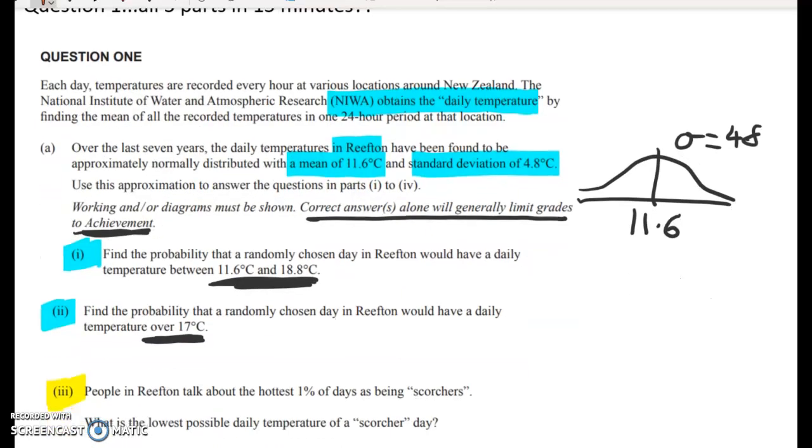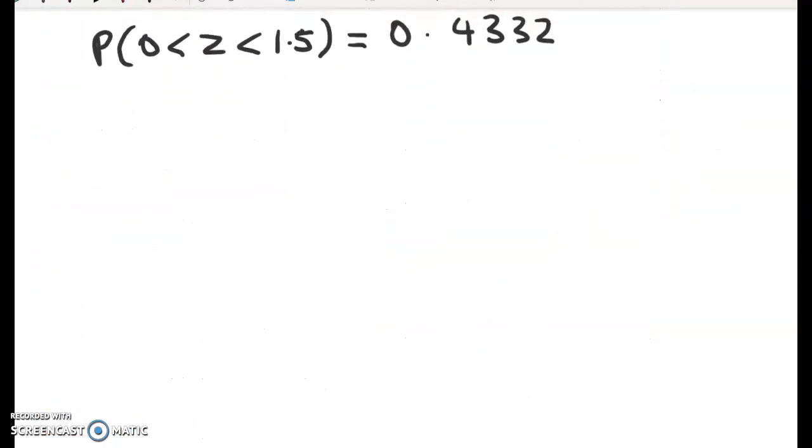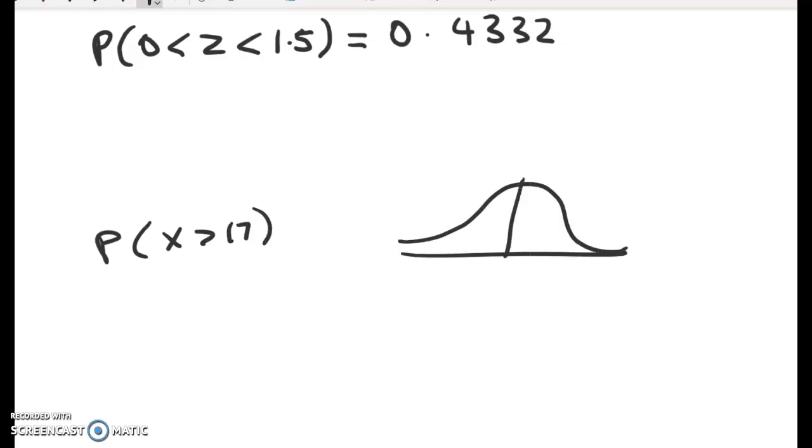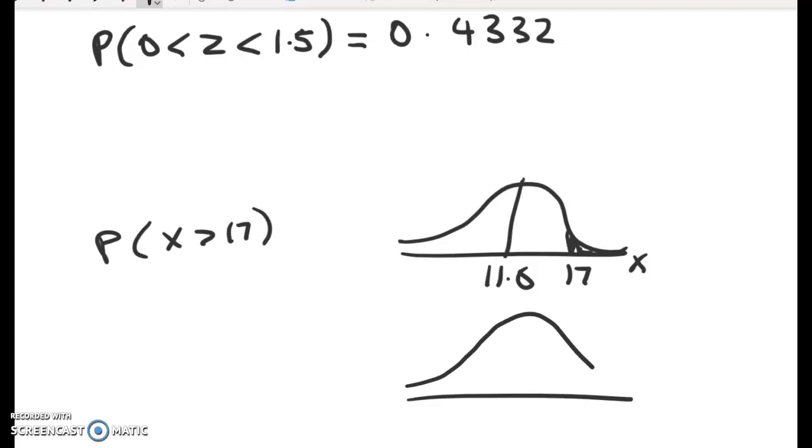Where's it gone? Okay, so now we have to find the probability that on a randomly chosen day, the temperature is over 17 degrees. So very, very similar, slightly harder. We've got the probability that X is greater than 17. So here's my picture. Oh, very bad picture. There's 17. So we have to turn 17 into a Z value.